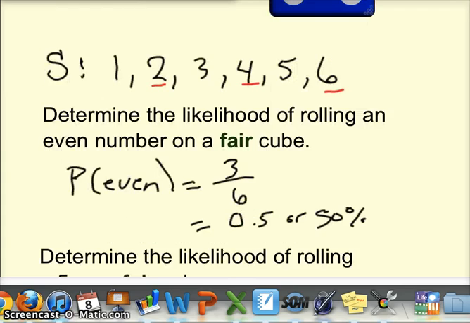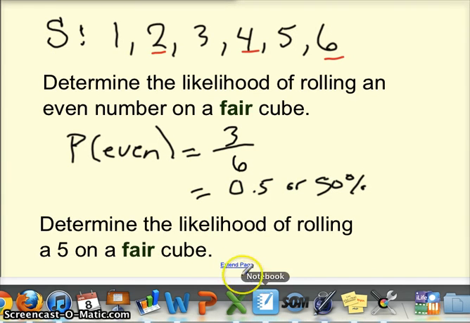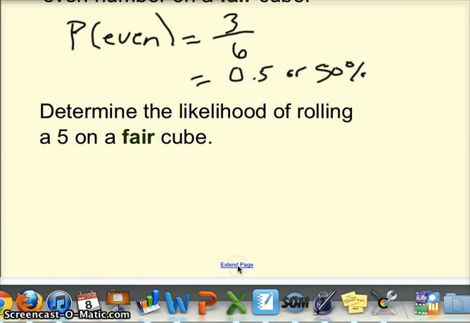Okay, let's look at the second part of the example. Here I want to determine the likelihood of rolling a 5 on a fair number cube. Again, that word fair just means that there's an equally likely chance of landing on any of the sides on the cube. So to determine the likelihood of rolling a 5 on this number cube, again, I'm going to find the probability of rolling a 5.